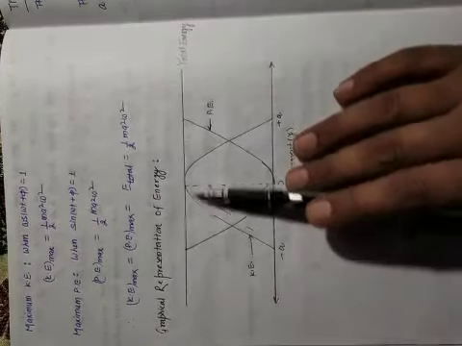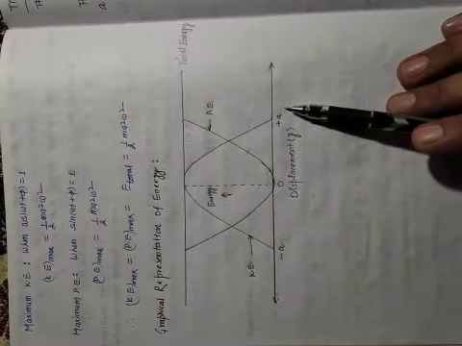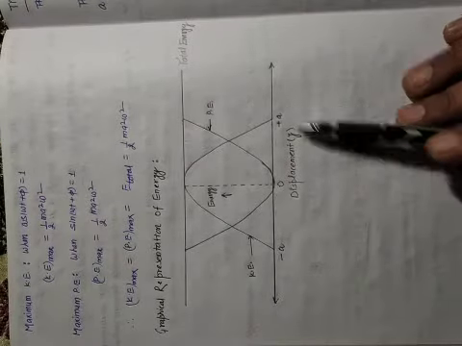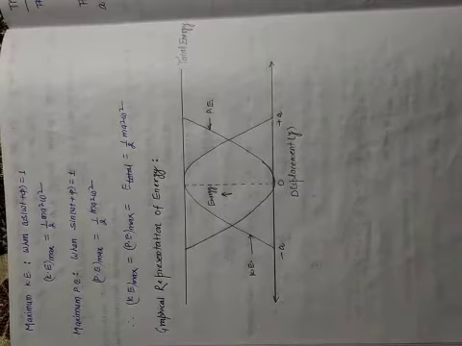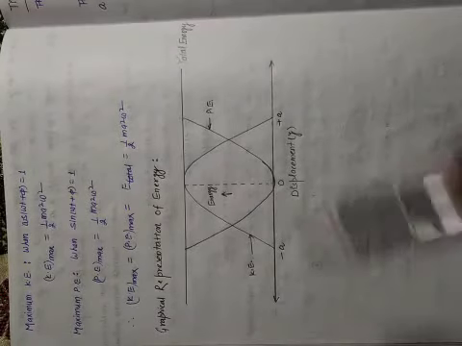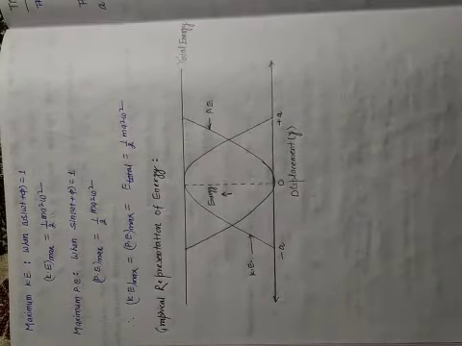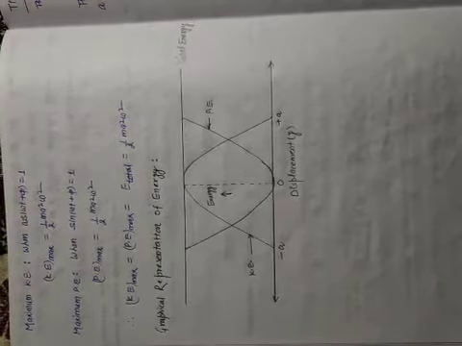It is not changed with variations in the amplitude. So this is the graphical representation of the energy of a simple harmonic oscillator performing SHM.